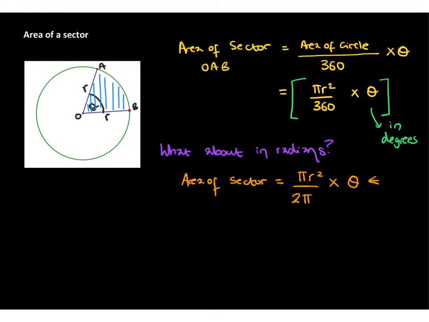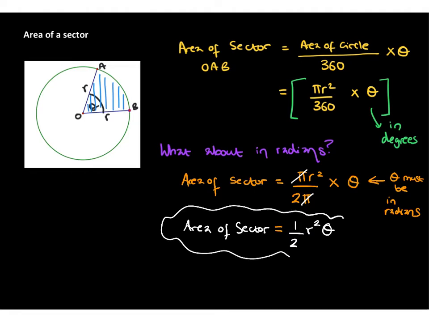But again, we must remember theta must be in radians for this formula to work. So what can we do to simplify? Well, we can cancel just a pi this time, which leaves us with a very neat formula, a half r squared theta. This is the formula which allows us to calculate the area of a sector, and it's equal to 1/2 multiplied by the square of the radius multiplied by theta if we are working in radians.